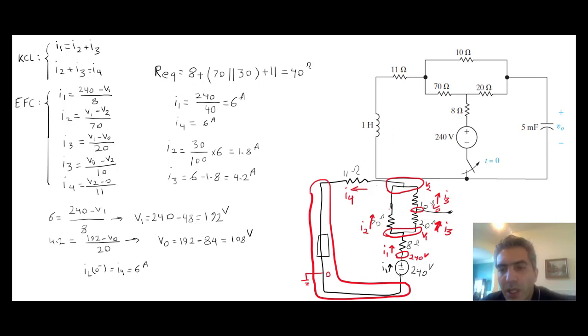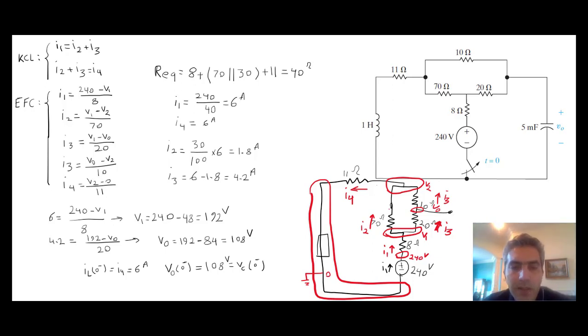So that's known. And then the voltage of the capacitor is basically this voltage, right? So V out right before the switch is 108 volts, which is the voltage across the capacitor. So this is the same as VC right before the switch. Now with that, my analysis is done.